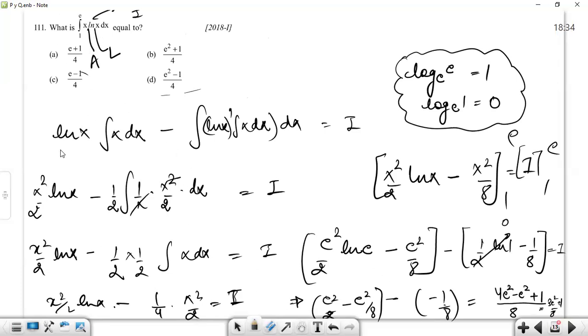So our first function was logarithm of x, integration of x dx minus the differentiation of this and this particularly. Integration of x is x squared by 2 ln of x minus integration. What is this half for?